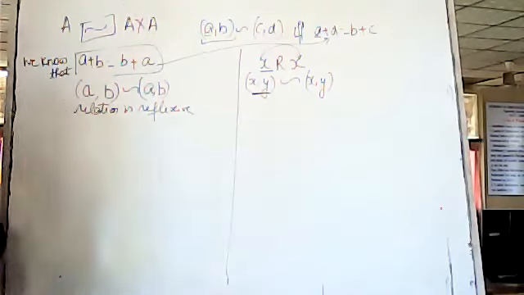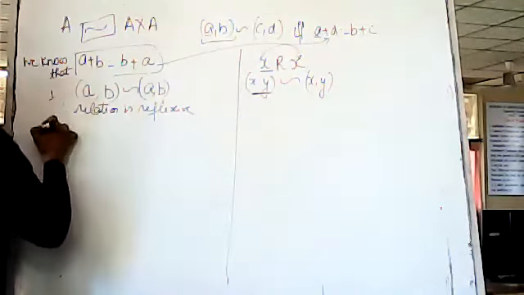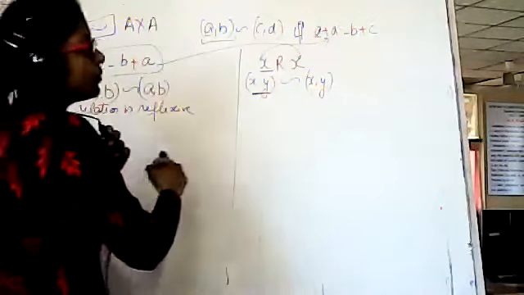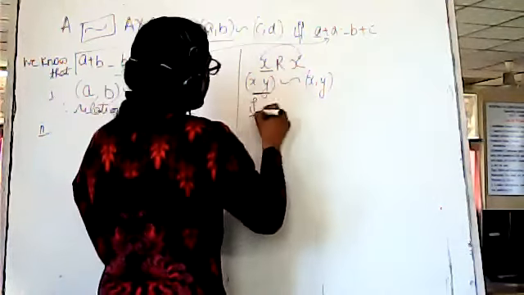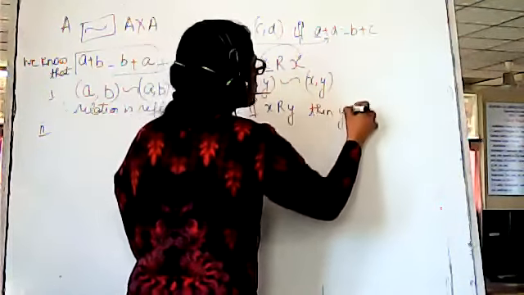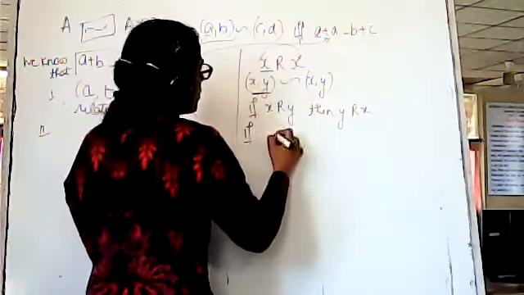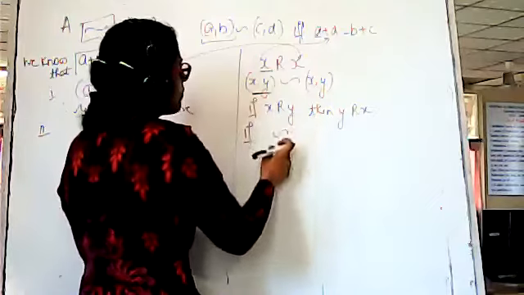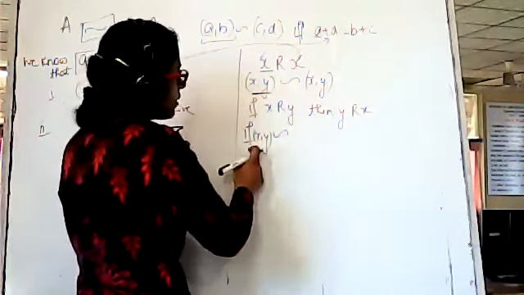Therefore, the relation is reflexive. Number two, for symmetric, we say that if x is related to y, then y must be related to x. Now, in place of "relation" we have this sign, and in place of "element" we have this ordered pair.